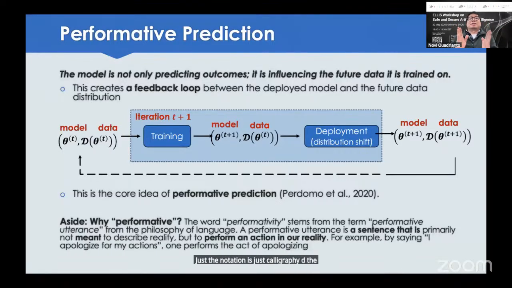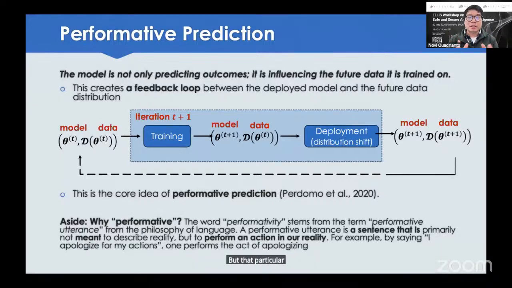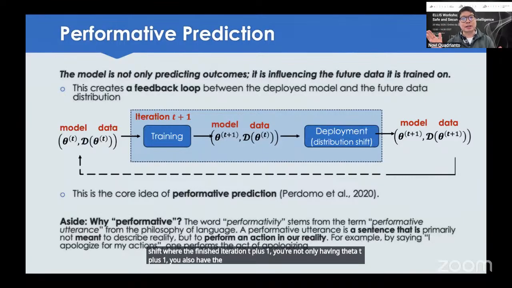In iteration t+1, you train the model and you get theta t+1, a better model. But when you deploy that better model, it creates a distribution shift, where in iteration t+1 you not only have theta t+1, you also have calligraphic D of theta t+1. That's where the data changes, because you deploy the model.